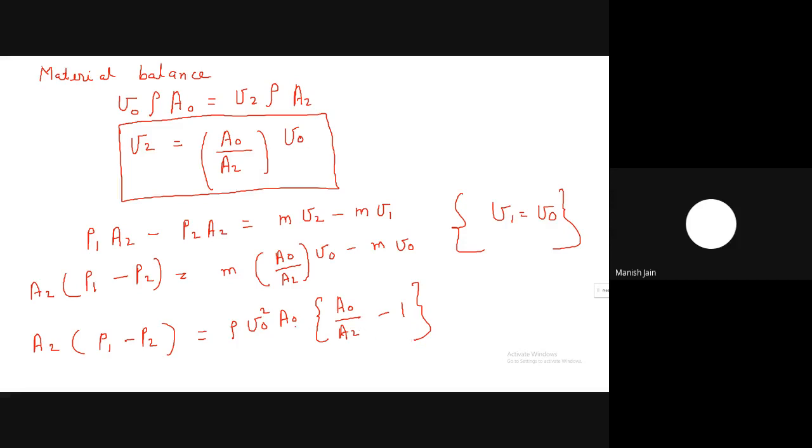Now slightly rearrange this equation, and you will get V0 square multiplied by A0 by A2, in brackets 1 minus A0 by A2, should be equal to (P2 minus P1) divided by rho.